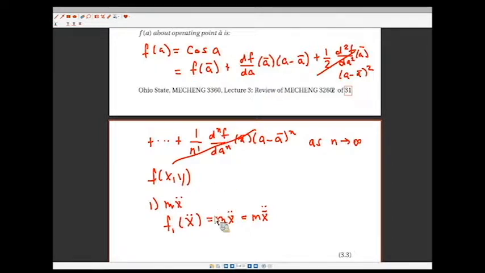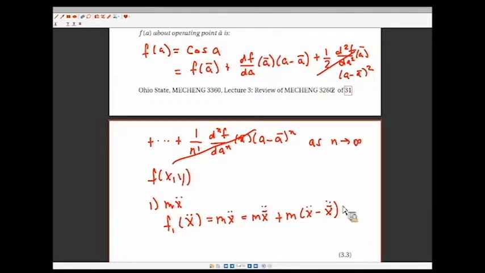The derivative of this function with respect to x double dot is just m, right? So it's going to be plus m, and then we have x double dot minus x double dot bar. Sorry, those merged. There's an auto function that merges things sometimes. Let me rewrite those.